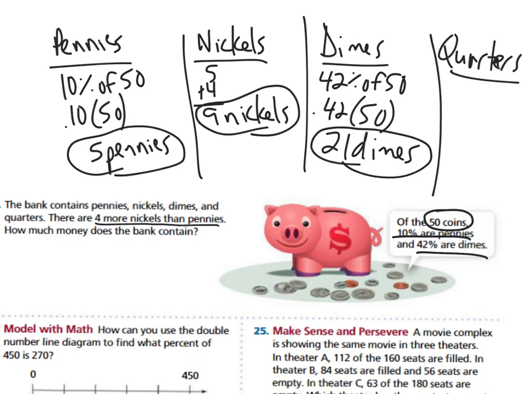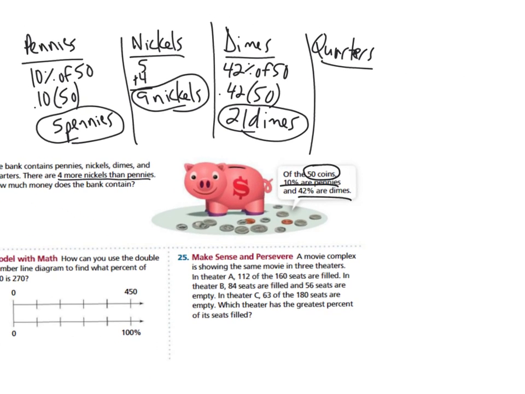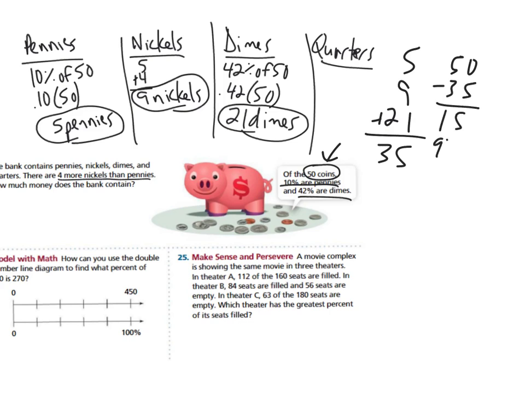And if you'll notice, the quarters they didn't say anything about, other than that there are quarters. But if we look at what we've got, we had 5 pennies, 9 nickels, 21 dimes. That's a total of 35 coins, and we had 50 coins altogether. So 50 minus 35 leaves 15 quarters.